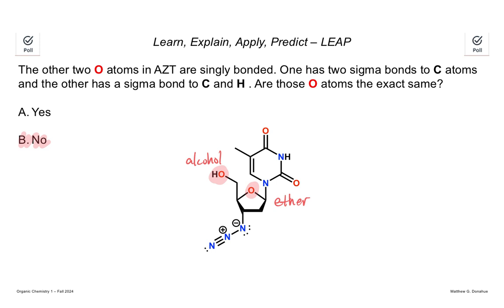So when I say the word alcohol, it has to have an OH group. When I say the word ether, it's got to have an oxygen that's singly bonded to two different carbons. And again, as we're communicating in this course, there's layers of thinking about things. There's the word alcohol, but then what does that represent chemically? It's the OH group bonded to a carbon.